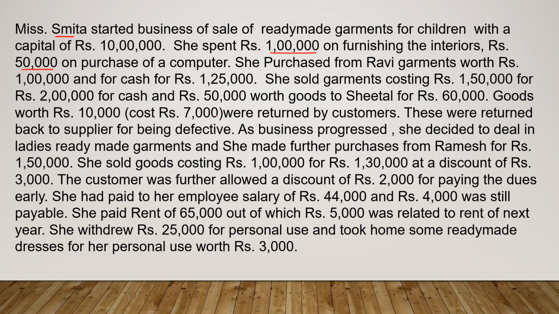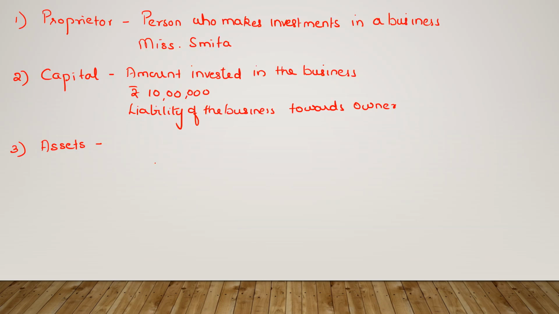Now she has a showroom, she has to do the billing and maintain records, so she has purchased a computer. So these two amounts spent, rupees 1 lakh on furniture and fittings, that is for the furnishing, and rupees 50,000 that she has spent on computers.